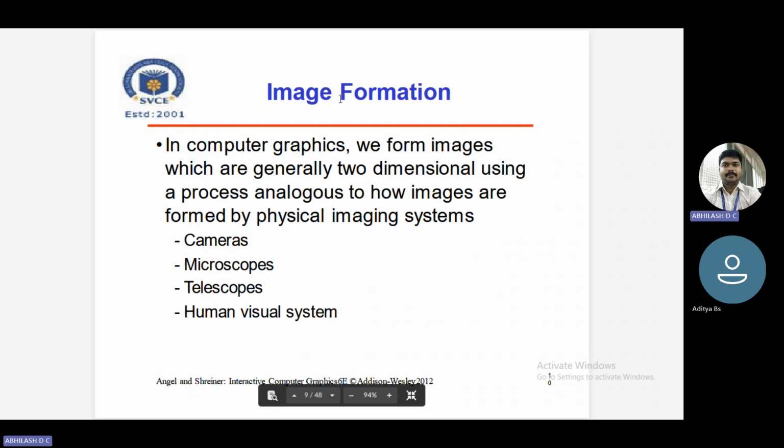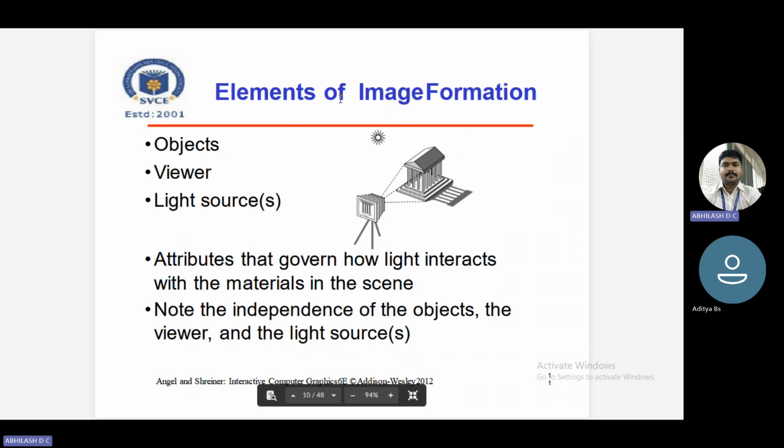Cameras capture the images. Microscopes are used to see small objects. Telescopes let us see objects which are very far from us. And in nature we have the human visual system, which can see and get the image, and the image will be captured on the retina.